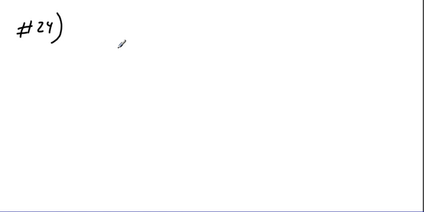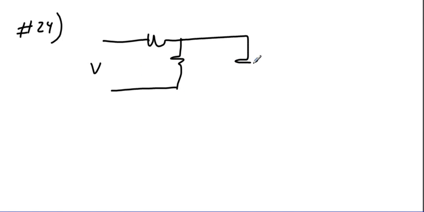Okay, so we have some voltage being applied across the network, and the network looks like that. And this guy's 1.8K. This guy's 2.8K. This guy's 3.7K.